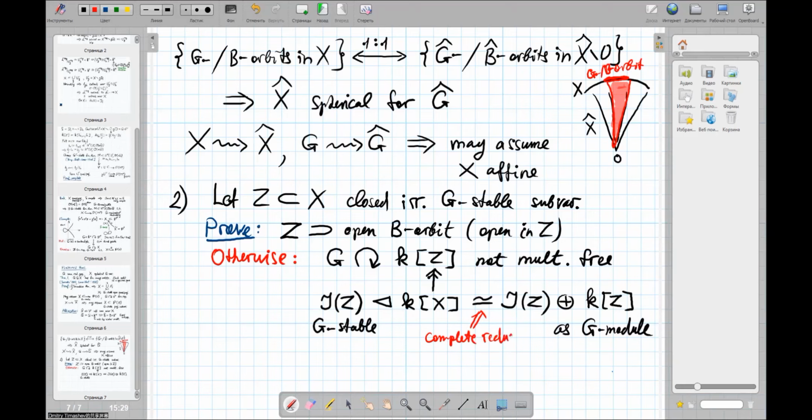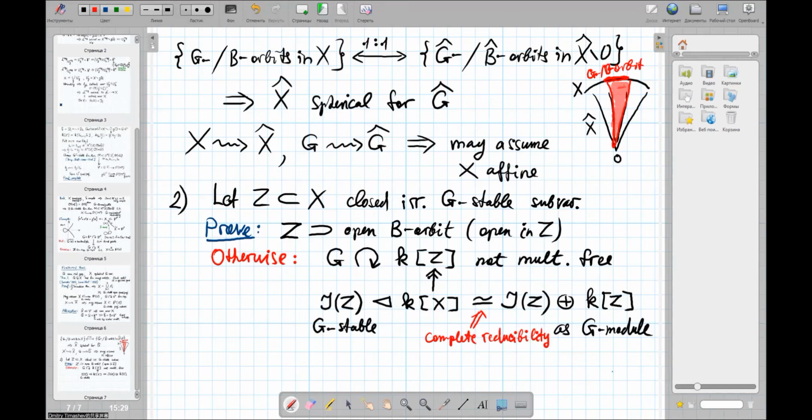The complete reducibility is valid for all G, right? Yes, this is because G is reductive. Complete reducibility means that you can always choose a G-stable complementary subspace.